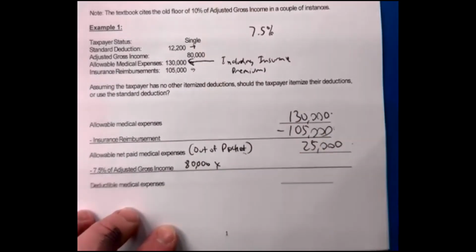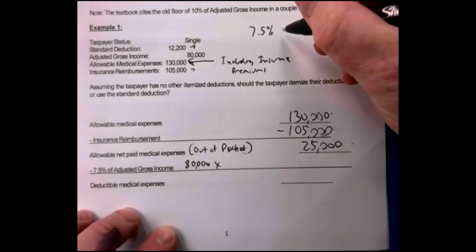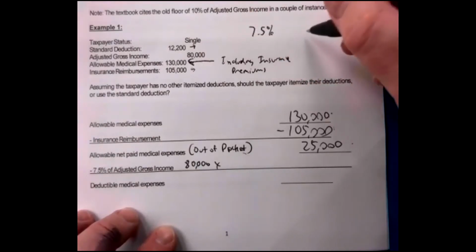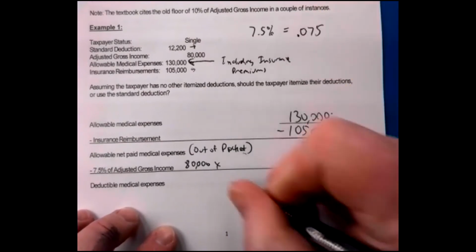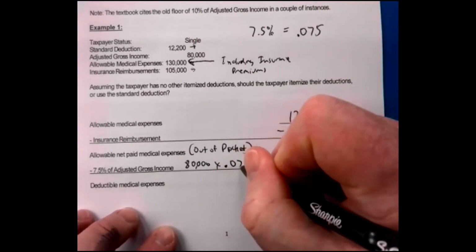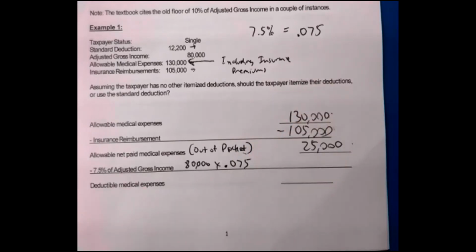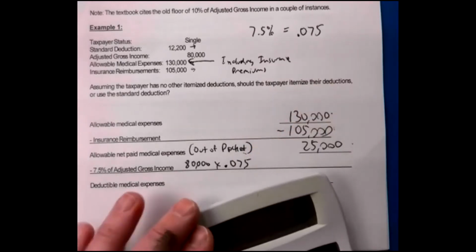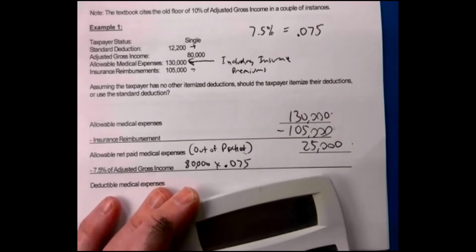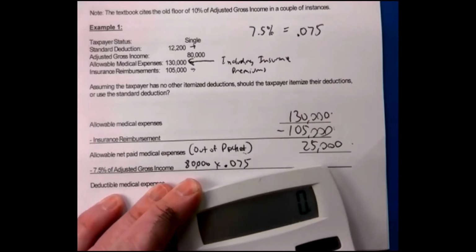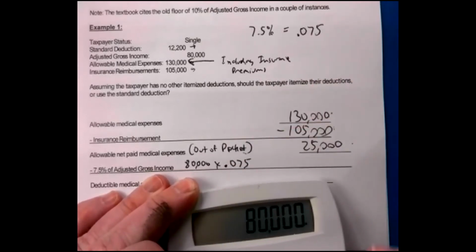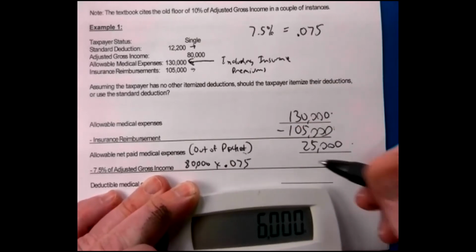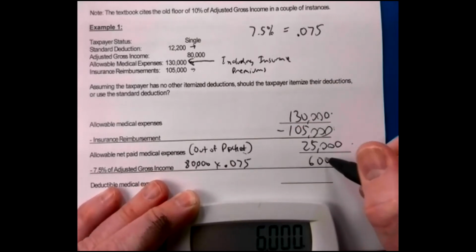You move the decimal place over 2, so this equals 0.075. Oh, I do have a percentage key on here. I didn't need to do that extra. Okay, 80,000 times 0.075, 6,000.